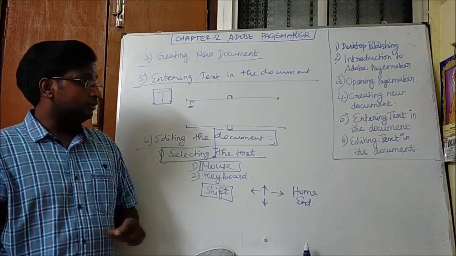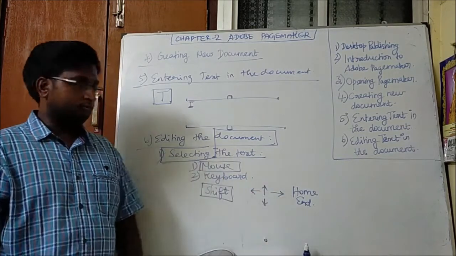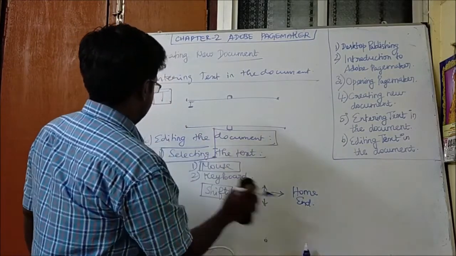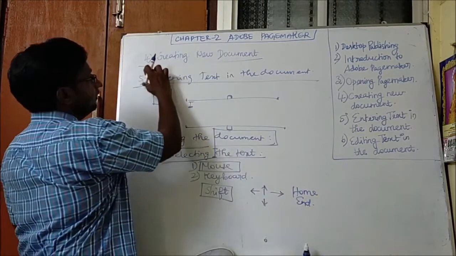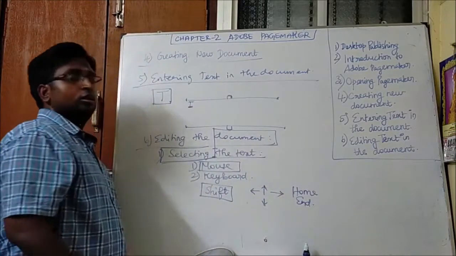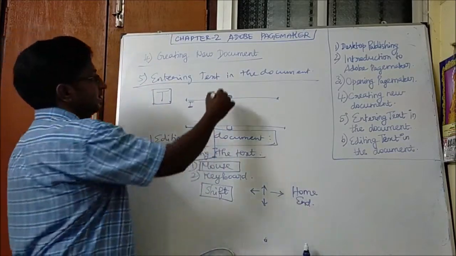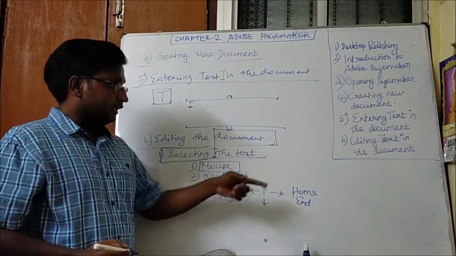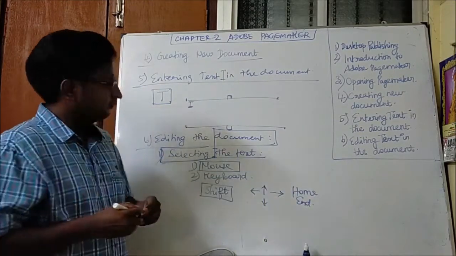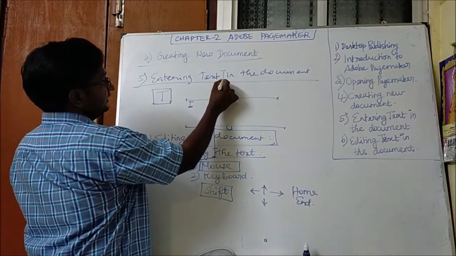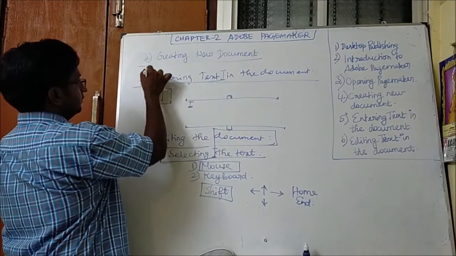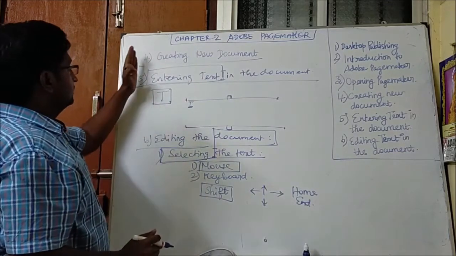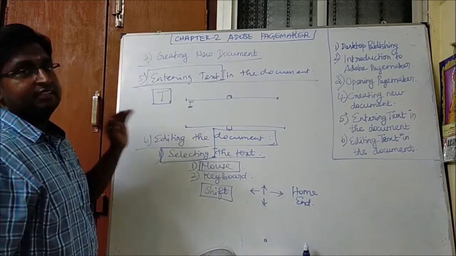So the next one, what about the home and end? Say for example, I have this line and my cursor is here. If I press shift and the home key, the cursor will select this part, that is till the start of the line, which is considered the home of the line.